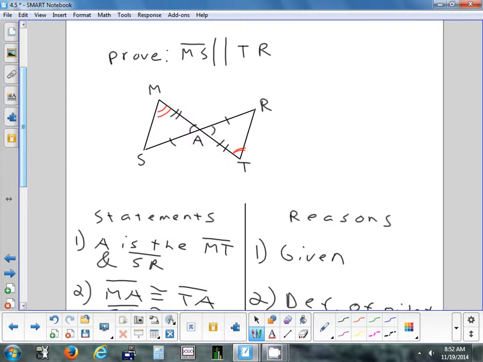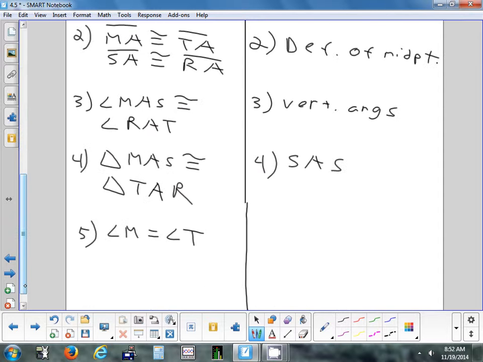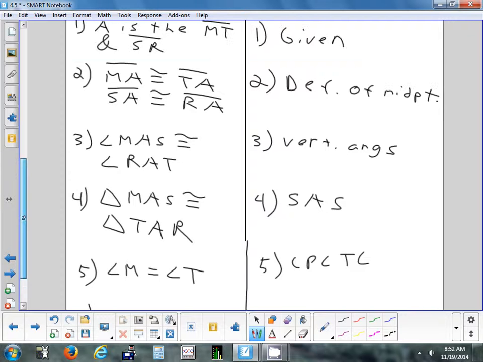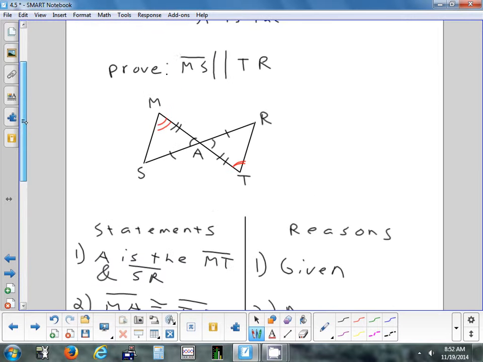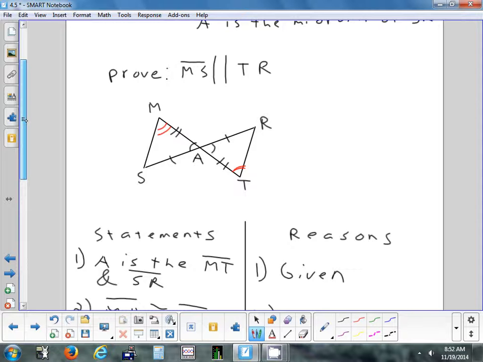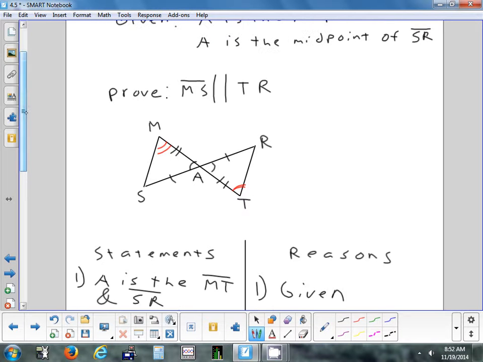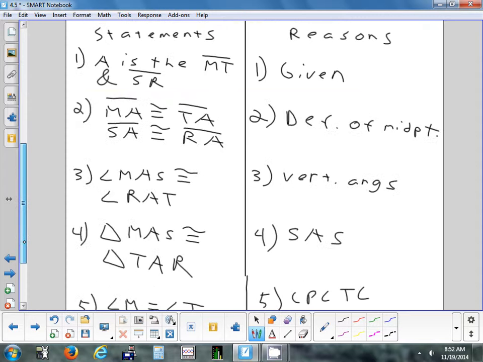Yep? CPCTC. Good. Step 5, the reason is CPCTC. You prove the triangles are congruent, so all their corresponding parts are also congruent. Now step 6. I think we can say what they wanted us to prove. MS and TR, they are parallel.